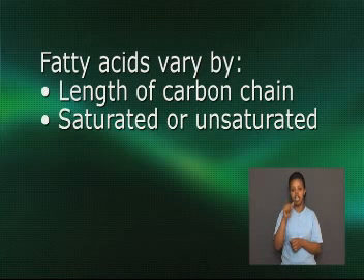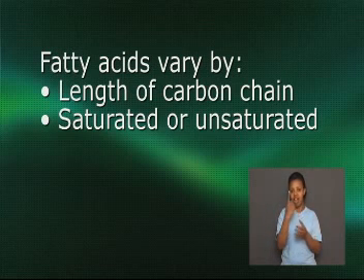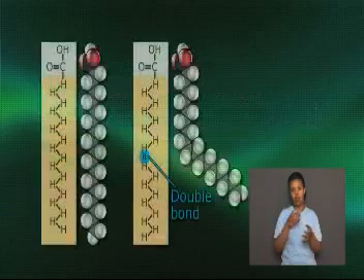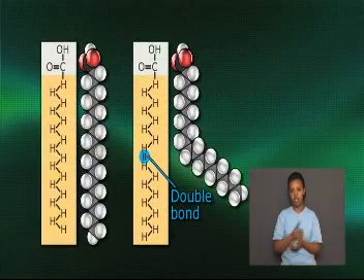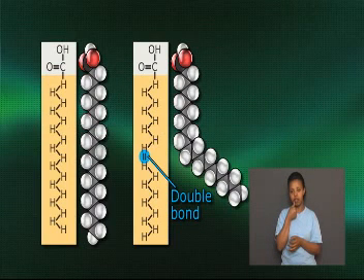In saturated fatty acids, the carbons are joined by a single covalent bond, and unsaturated fatty acids include double bonds. Single covalent bond fatty acids are not able to pack their molecules close together.